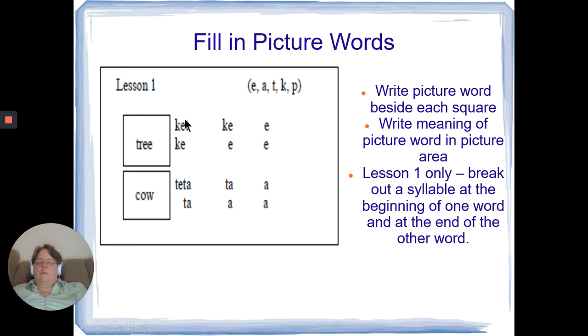And that sets up, if you remember our teaching pattern, this is the picture word Kate. Kate begins with K. This is also K. K ends with A. This is A. What is this?